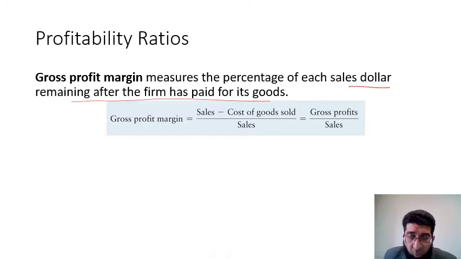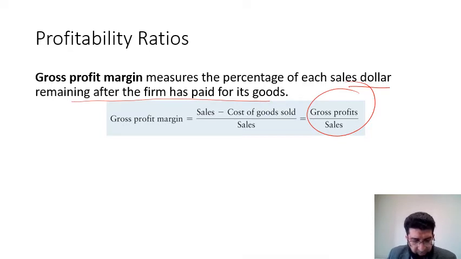We developed the product, we paid for it, and then we sold it. So it's sales minus what it cost to produce it, the gross profits, divided by sales. For every dollar of sale, how much gross profit are we making.